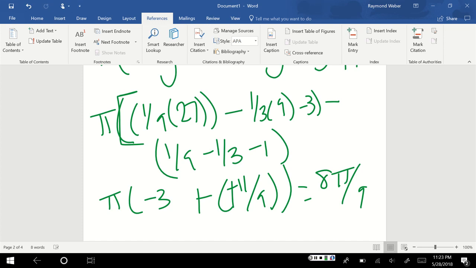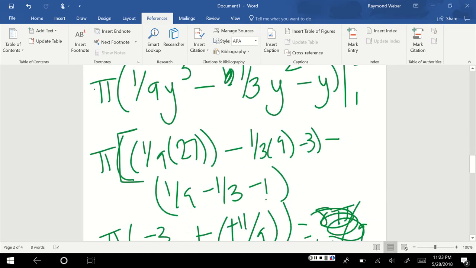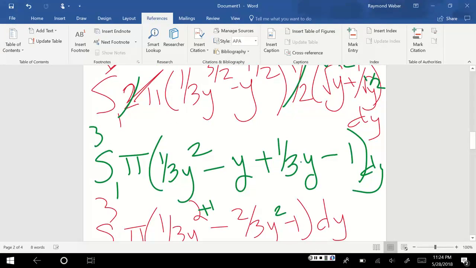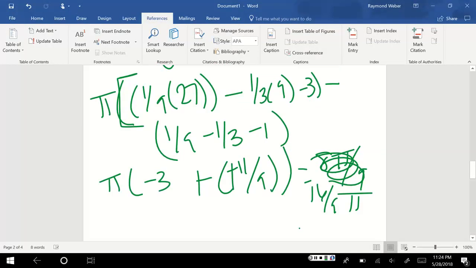Oh, right here, 11/9 minus 3. Aha. Okay, 16/9 pi. I'm like, that shouldn't be. Looking at my answer, I'm supposed to have 16/9. And I'm checking, looking to see if I lost a sign here. Okay, well, it's supposed to be 16/9 here, right here.